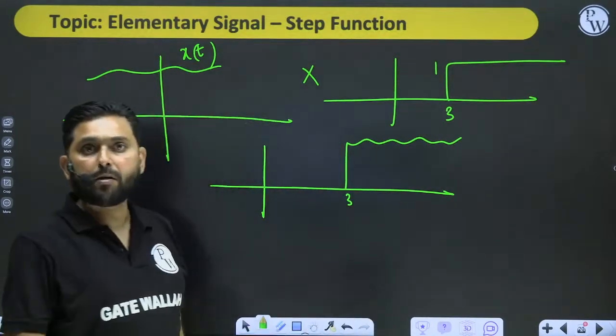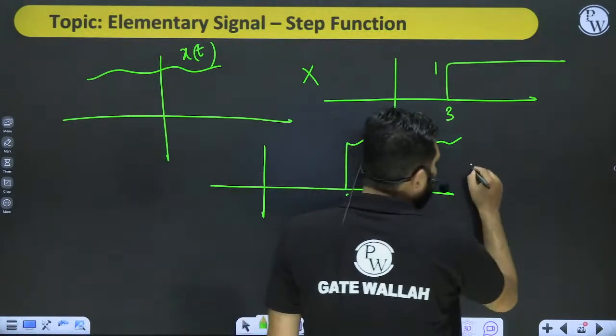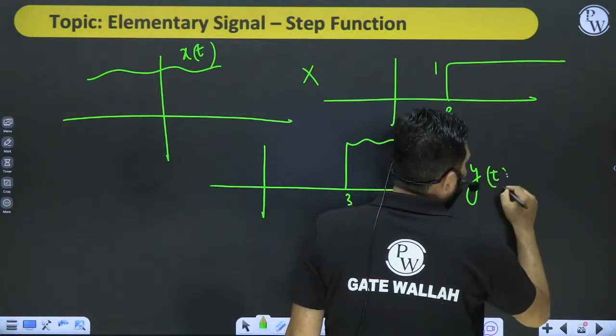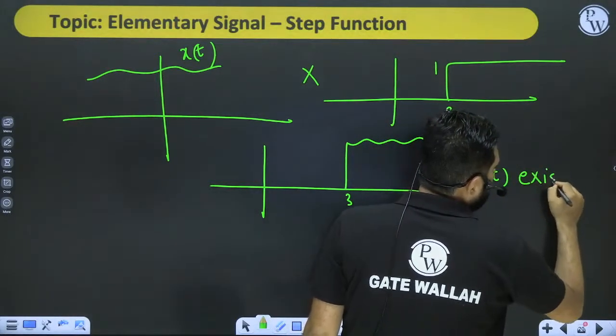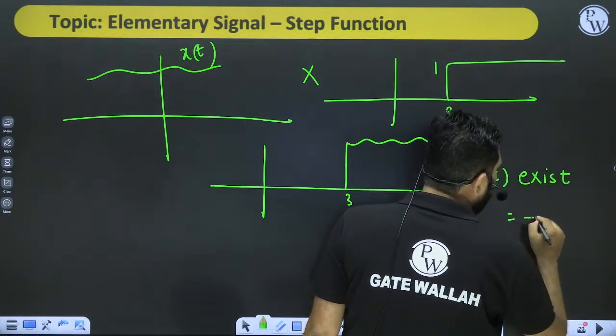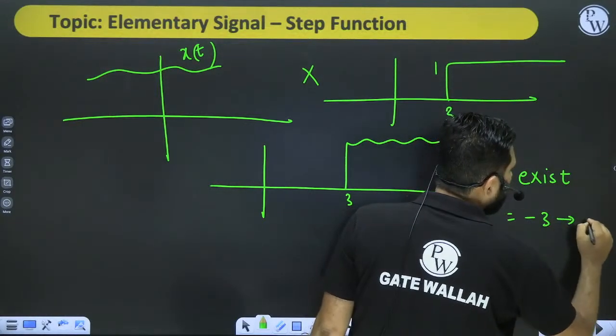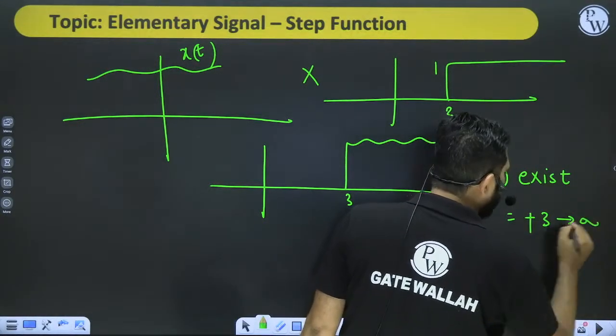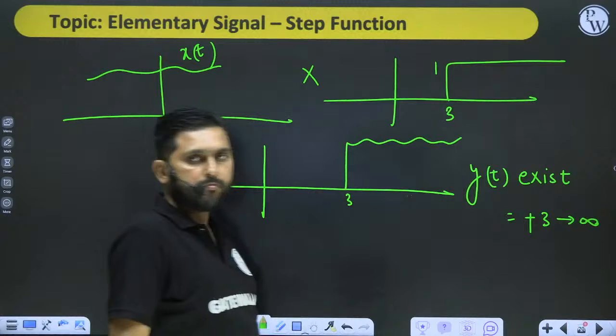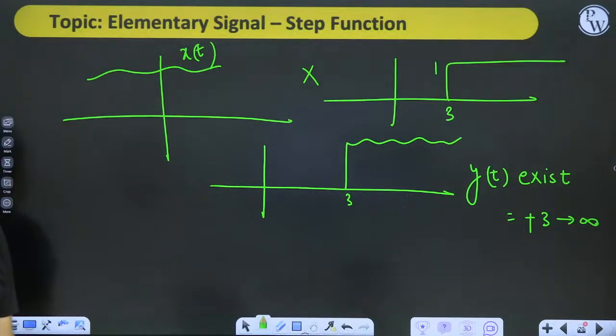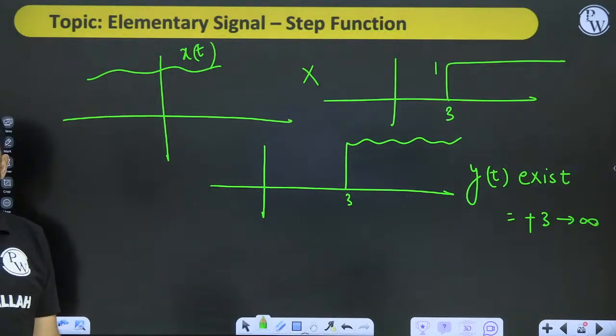So what is the limit of existence of this y(t)? y(t) exists from plus 3 to infinity. Very simple.